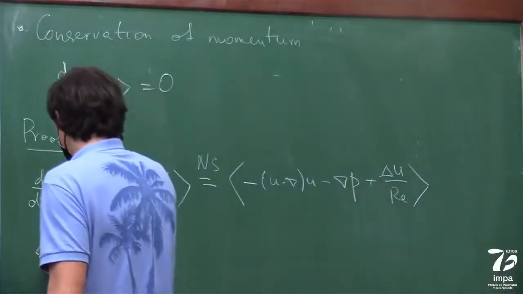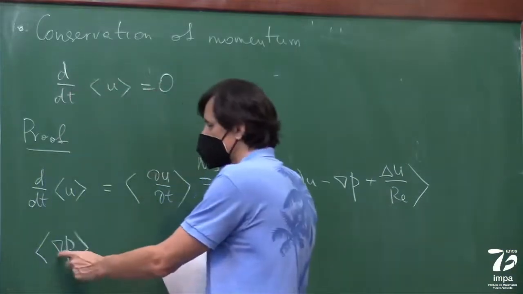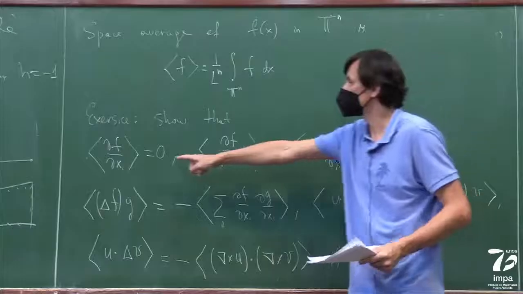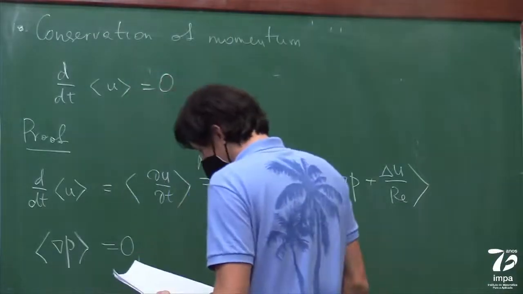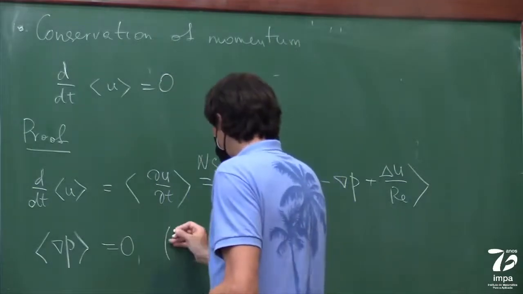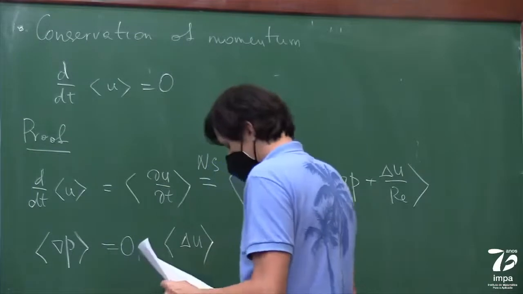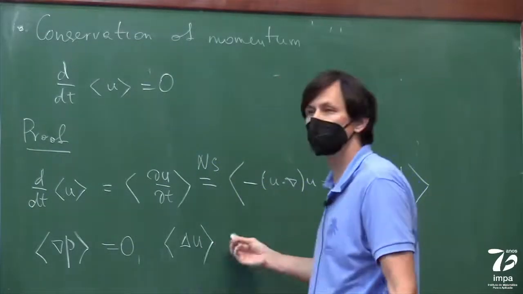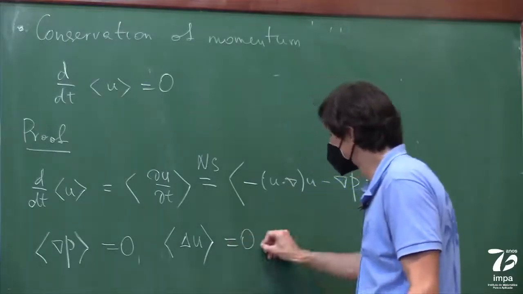The grad p is a derivative, so already from the previous condition we know it's 0. The average of the Laplacian is also a derivative, right? Each term is a derivative of something, so for the same reason it's 0.